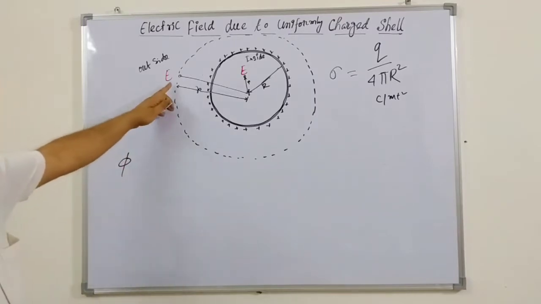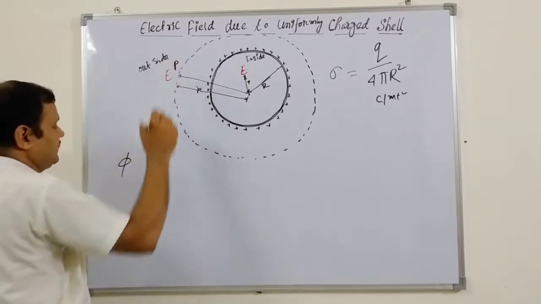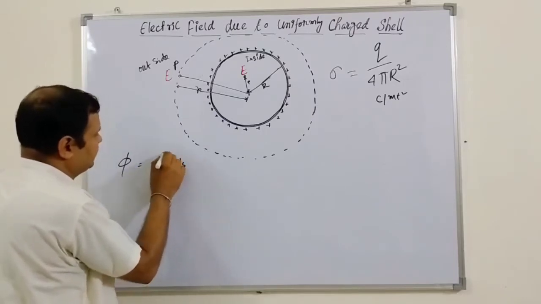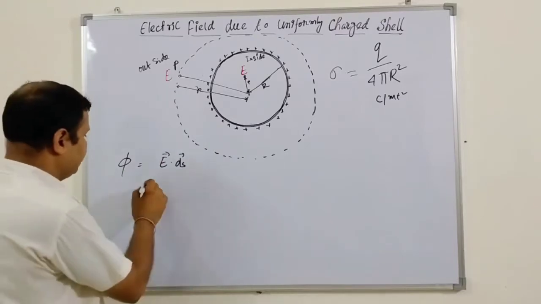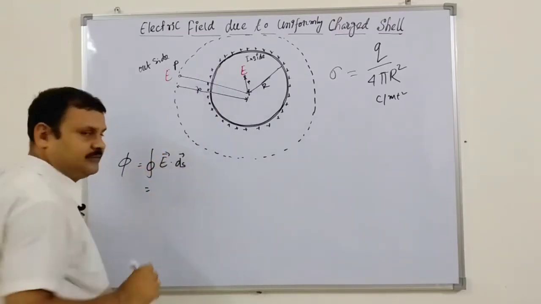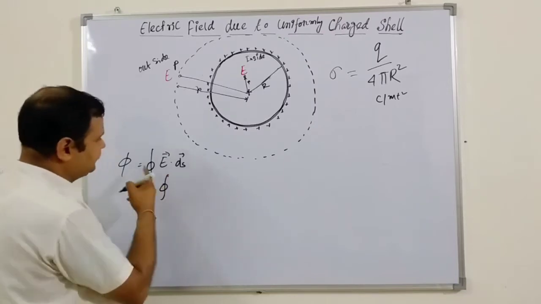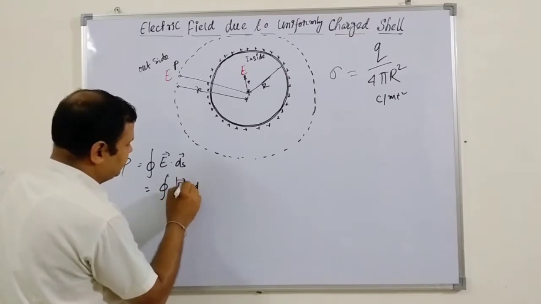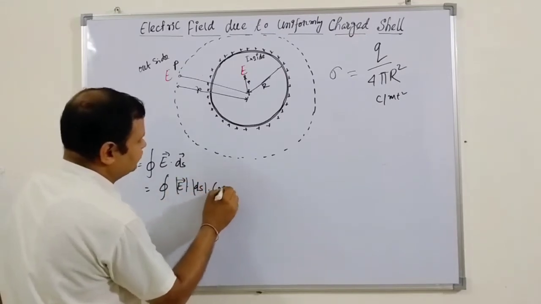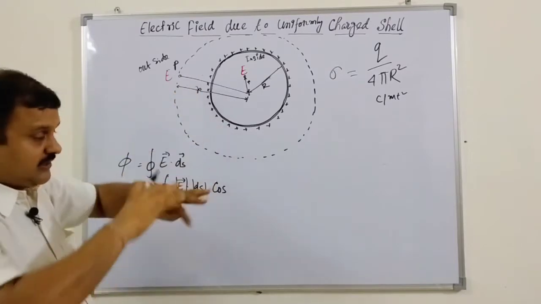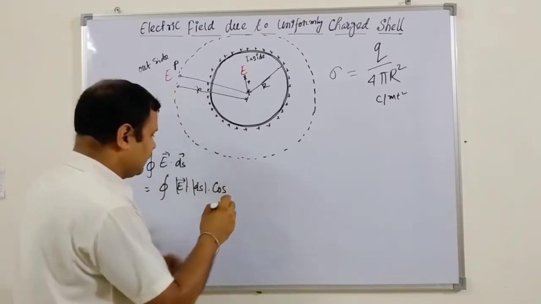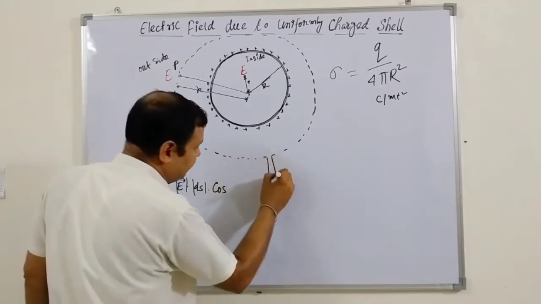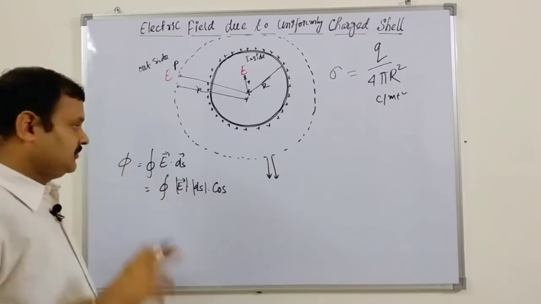Now, the electric flux outside, for a particular point P of this charged shell, is the closed surface integral of vector E dot dS, as we learned. So this is E dS cos theta, and as per this sphere, the area vector all around is perpendicular to the surface, and the electric field and the area vector are both parallel, as we learned earlier.